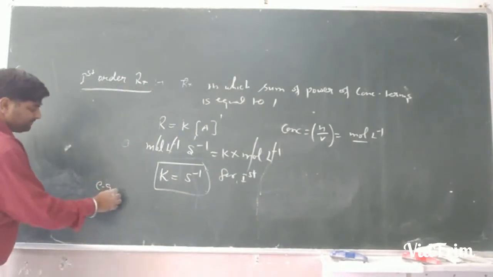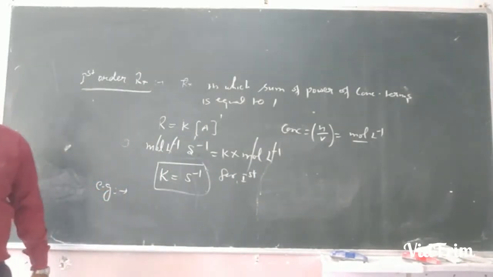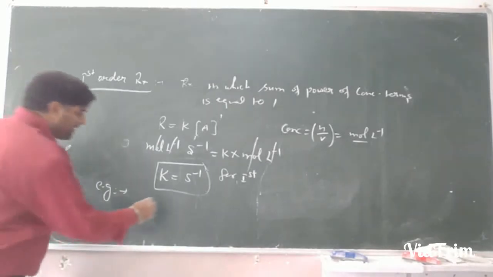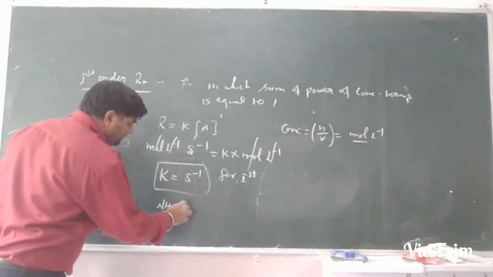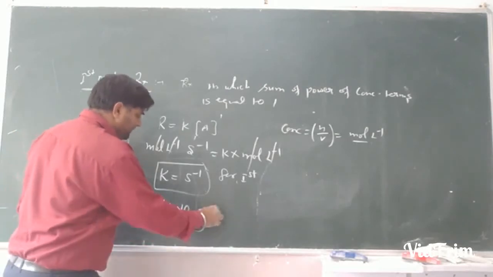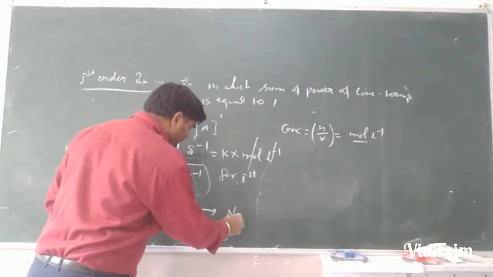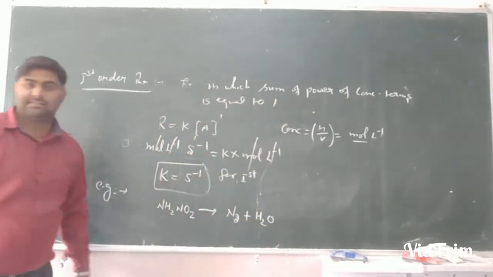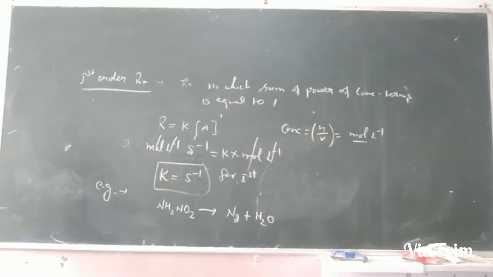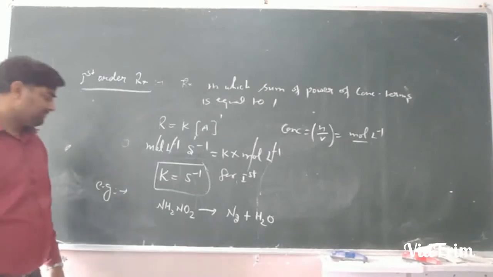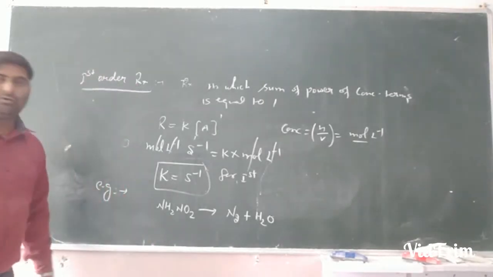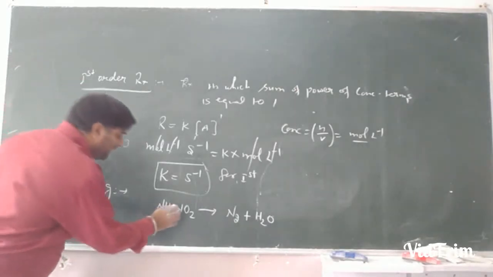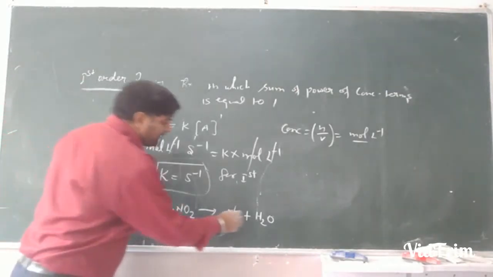Examples. We have a few examples of first order reaction like ammonium nitrite. When it breaks, it forms nitrogen plus H2O. So NH4NO2 gives N2 plus water.